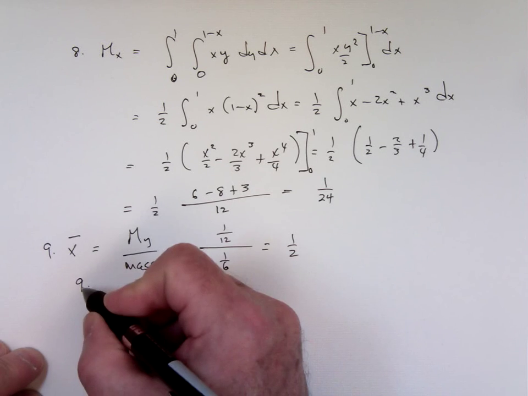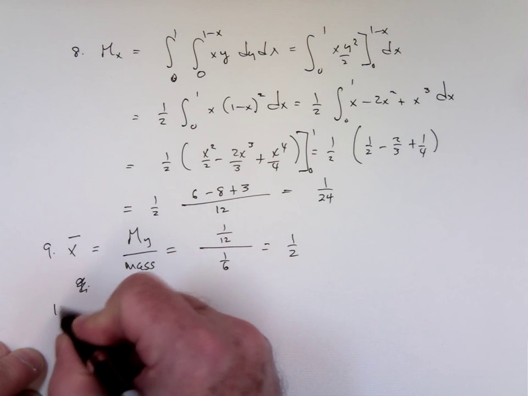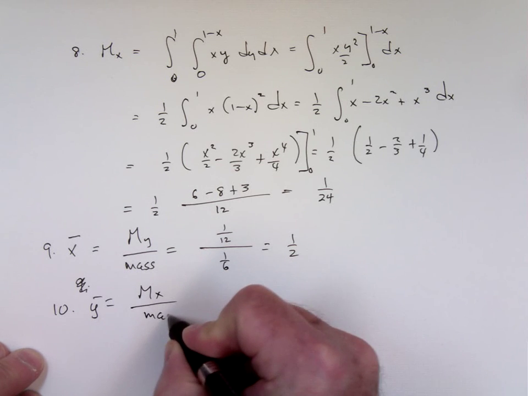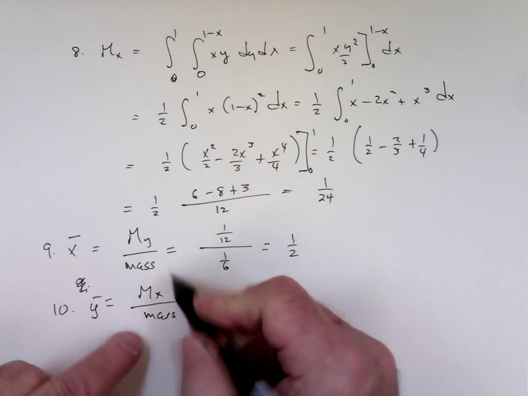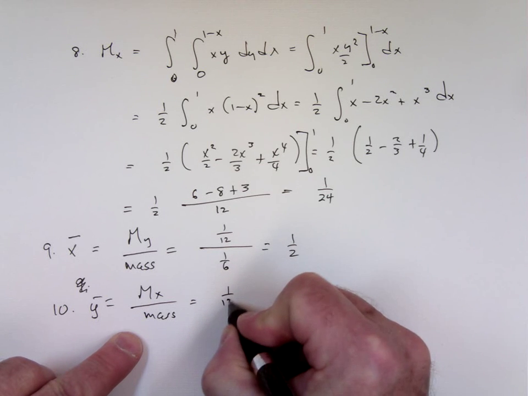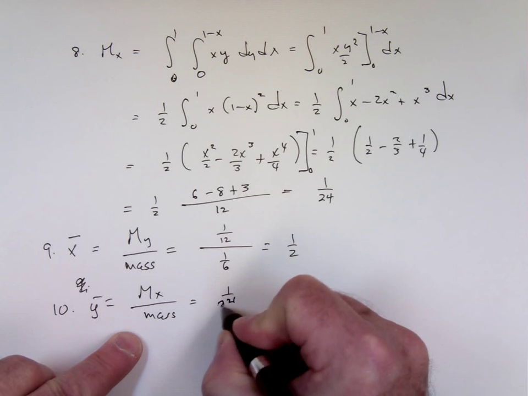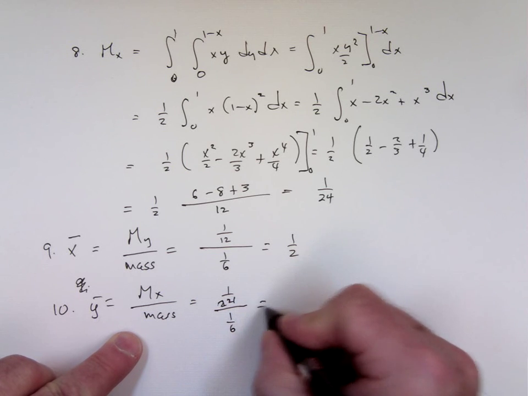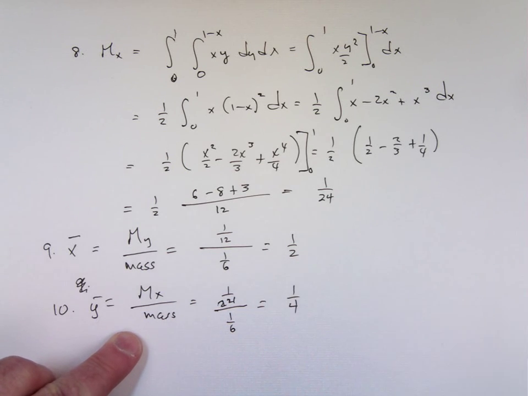Number 10, Y bar. Moment from the x-axis over the mass. 1/24 over the mass of 1/6. That gives you 1/4.